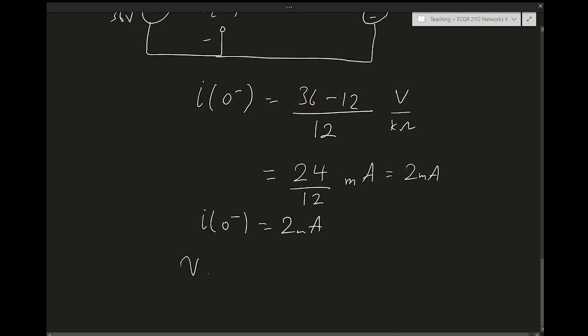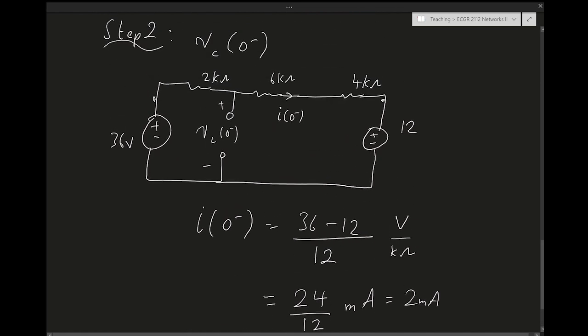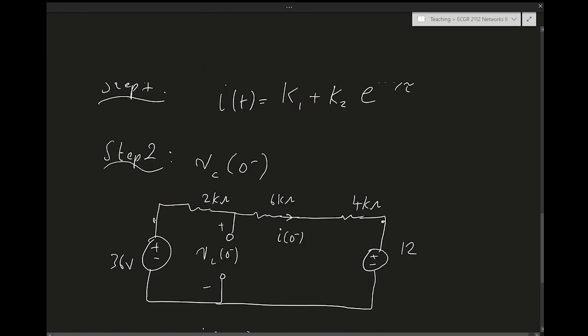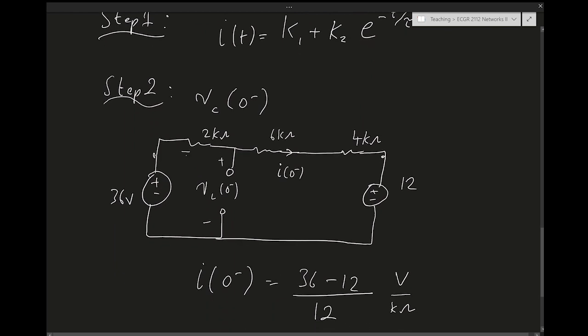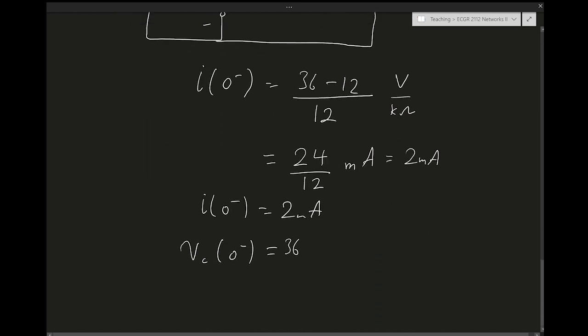So what does that make VC(0-)? Well, one way of calculating it is by subtracting from 36 the voltage drop across this resistor, right? So this current is passing through this resistor, 2K, and there's a voltage drop associated with it. So what's the voltage drop? It's going to be 36 minus 2 kilo ohm times 2 milliamperes.